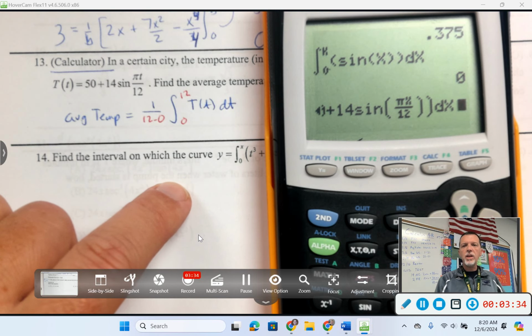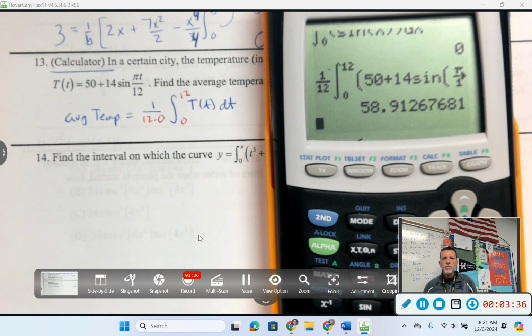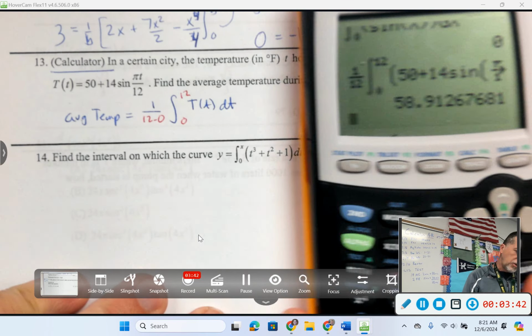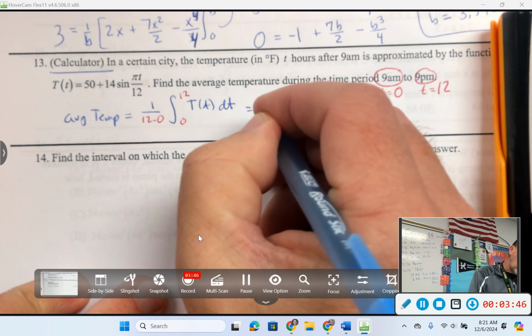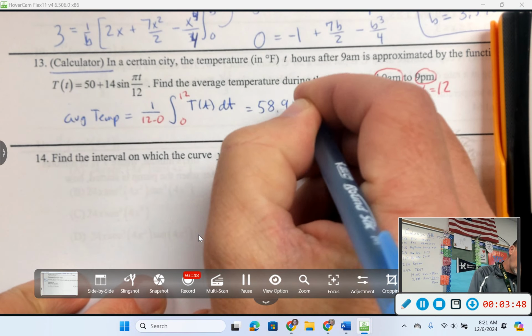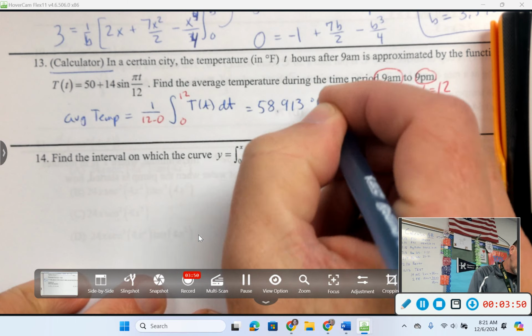Okay, that should be it. 1/12, 0 to 12, 50 plus 14 sine. And so my average temperature then is 58.913 degrees Fahrenheit.